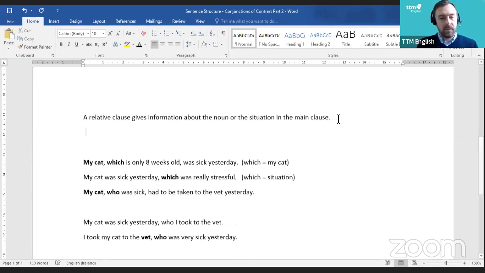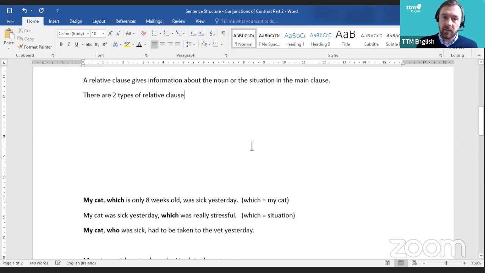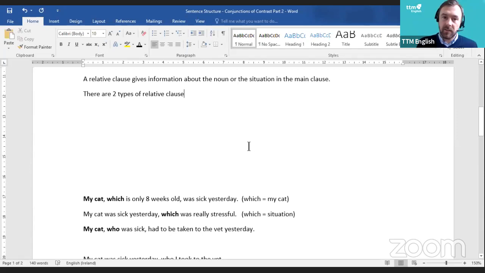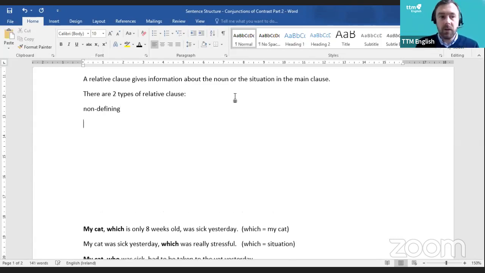Now, let's go back to the basics. A relative clause gives information about the noun or the situation in the main clause. There are two types of relative clause. Now, the one that we've just looked at, and probably the most common type, is non-defining.